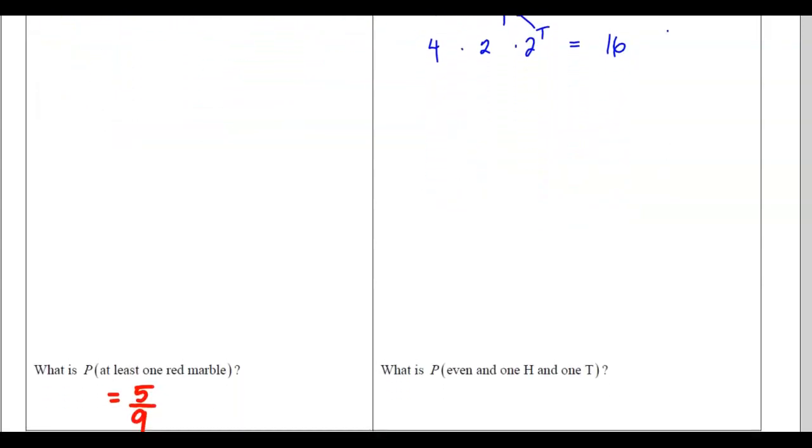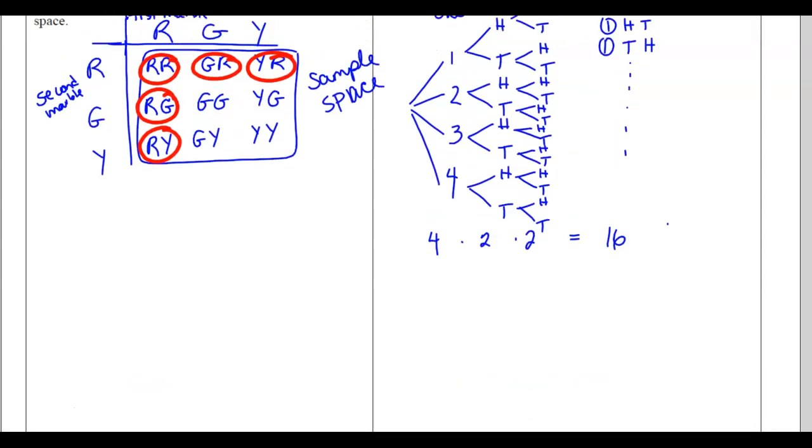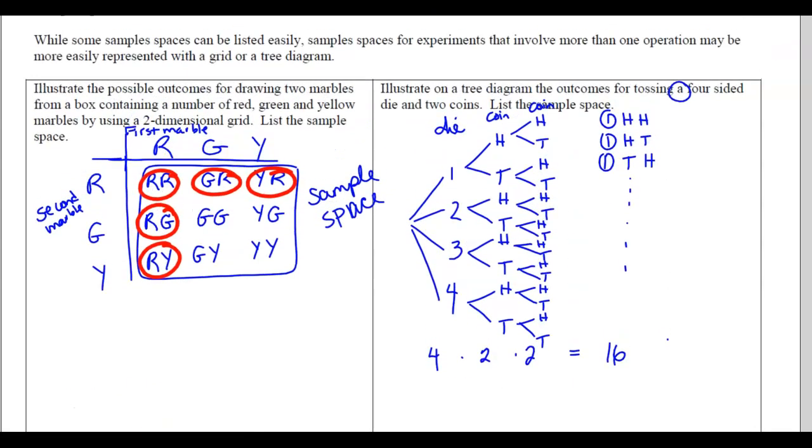So what is the probability of rolling an even number, and 1 head and 1 tail? Okay, so even number is 2 and 4, right? And 1 head and 1 tail. So that would be this arm here, and then this one underneath. Okay, so those 2.